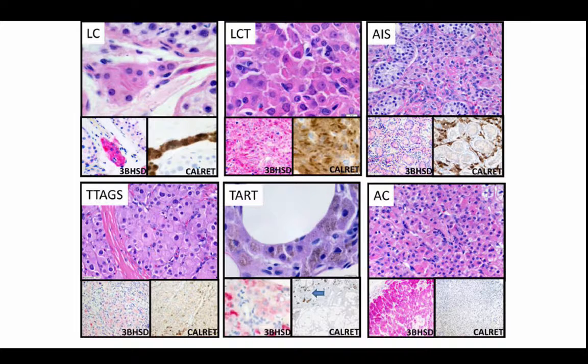Androgen insensitivity syndrome has decreased levels of 3-beta-HSD, maintains calretinin expression, but doesn't have Reinke crystals. And then both of the adrenal-like lesions, as well as the adrenal cortex, have 3-beta-HSD expression, but they don't have calretinin expression, and hence don't have Reinke crystals. So it seems to take high concentrations of both of these to form crystals.